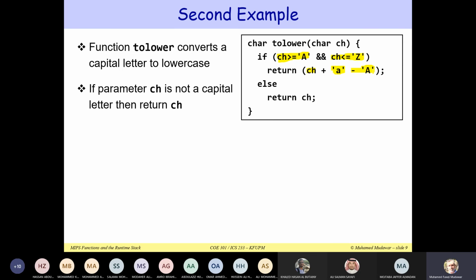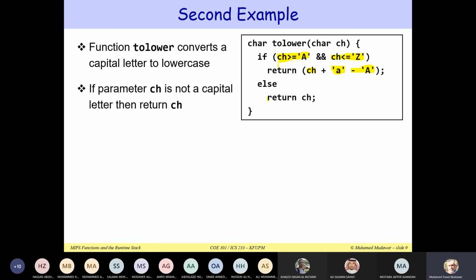By subtracting capital A, capital A becomes 0, capital B becomes 1, and so on. Then adding lowercase a converts it to a lowercase letter. This is just a simple trick for character conversion. At the end, just return ch.